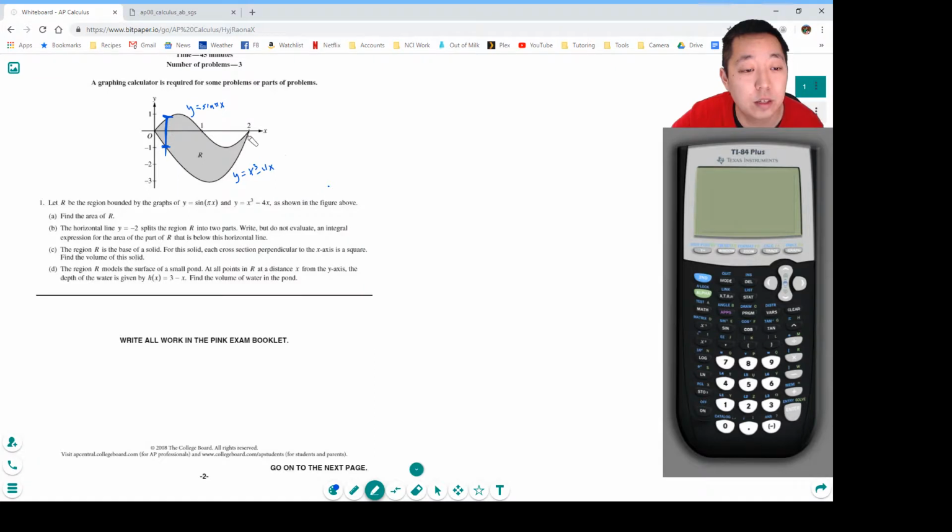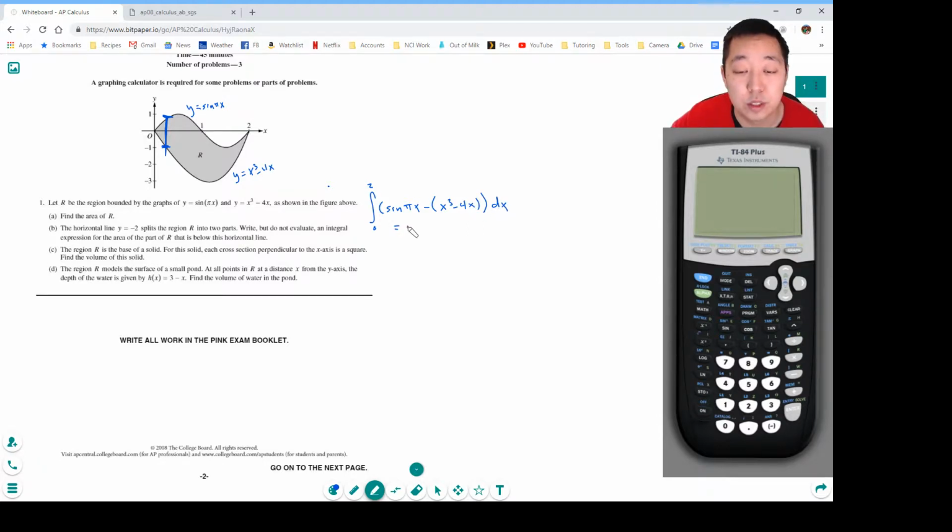That's the height of the rectangle, and then I integrate that. So I'm going to integrate from 0 to 2 the top one, sine pi x minus x cubed minus 4x dx.